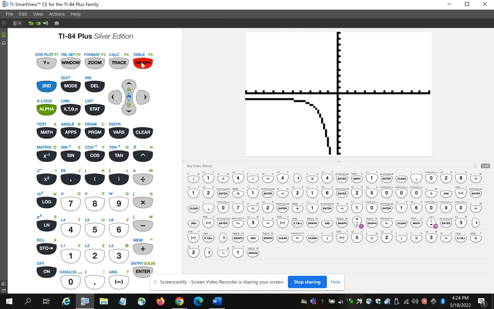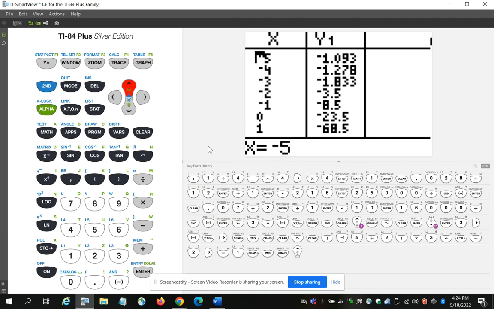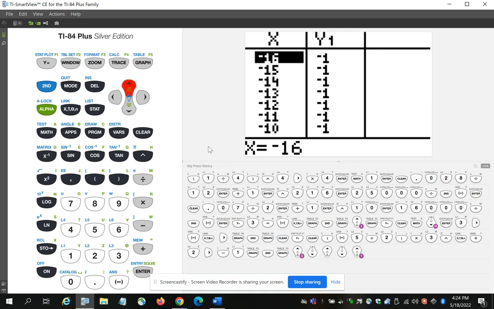Now, if you don't believe that, then you could look at the table and see that you're getting closer and closer and closer to negative 1, but then it stays at negative 1.